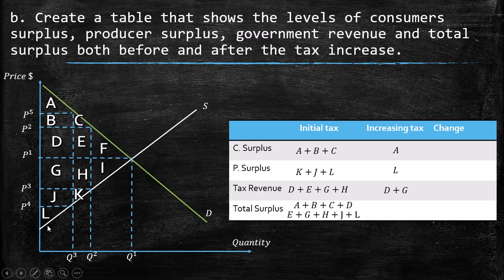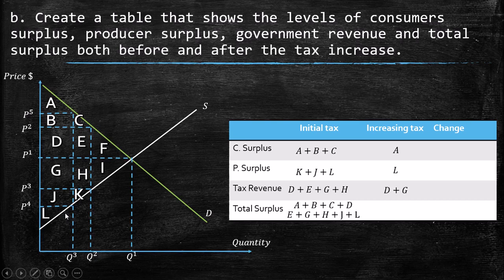What is now the tax revenue? So the tax revenue is going to be DG. How come? Because it's going to be T, which is P2 minus P3, times the quantities that are now traded. So now in the market, since the tax, there's going to be Q3 instead of Q2.